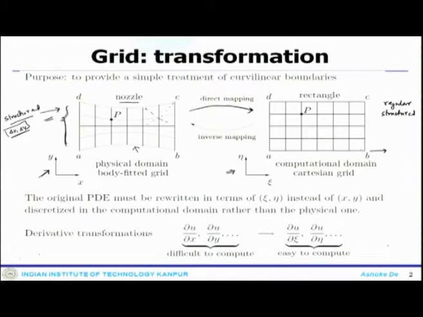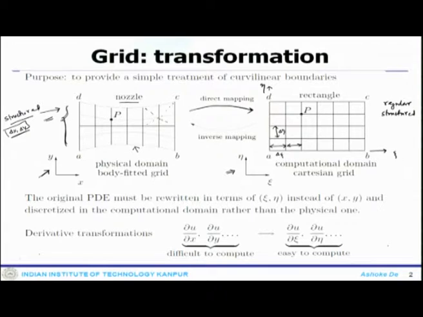Similarly, DC has also been moved to a regular orthogonal plane. Now, AB lies in the xi direction, AD lies in the eta direction, and importantly these are now uniform spacing, like this would be delta xi, this would be delta eta.